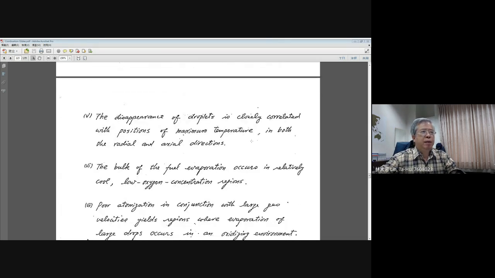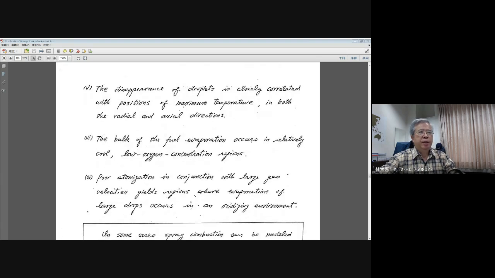The fifth comment here says the disappearance of droplets is closely correlated with the position of maximum temperature in both radial and axial directions, which means those droplets almost complete their gasification very close to the diffusion flame.